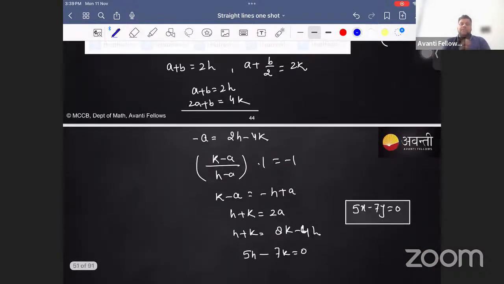Got it? Have a look, absorb it. Is it fine?